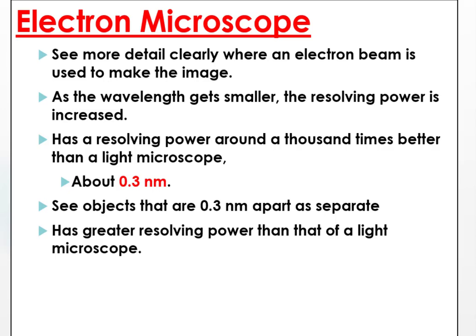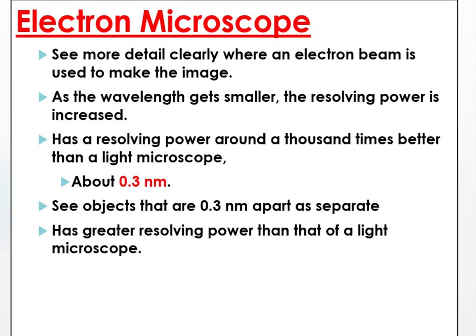In contrast, the electron microscope sees more detail clearly, where an electron beam is used to make the image. This beam of electrons has shorter wavelengths.